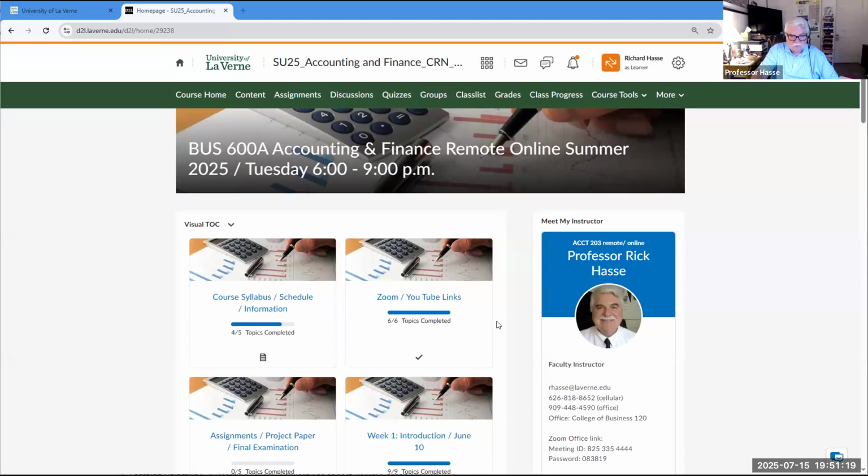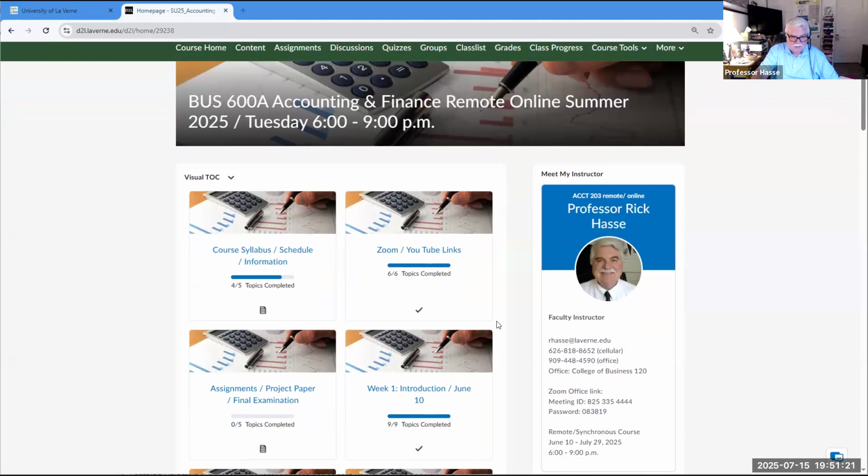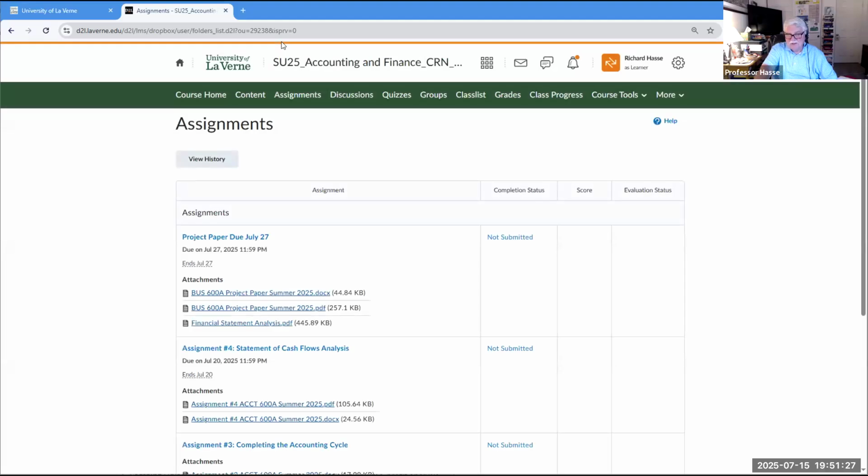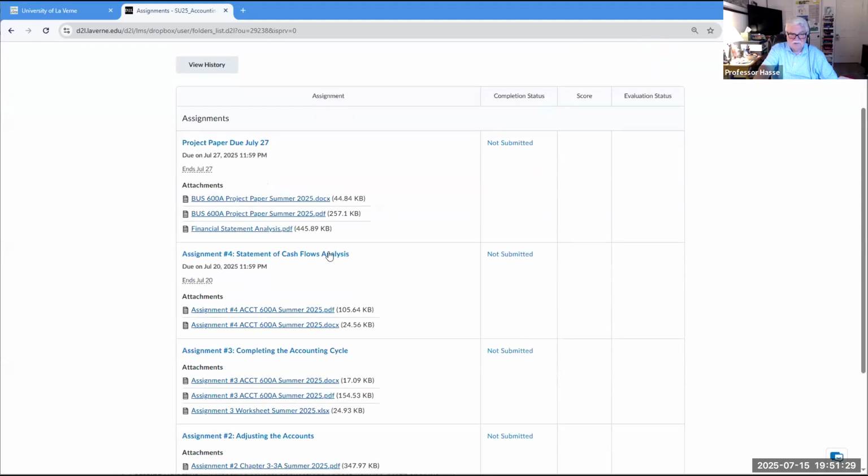so just to review what we've discussed this evening, we have two tasks at hand as far as grading is concerned. We have assignment number 4, statement of cash flow analysis for your particular companies due this Sunday. Extensions are available. You're looking at the statement of cash flows for 2025 and 24 of your companies and telling me some information from those cash flows.